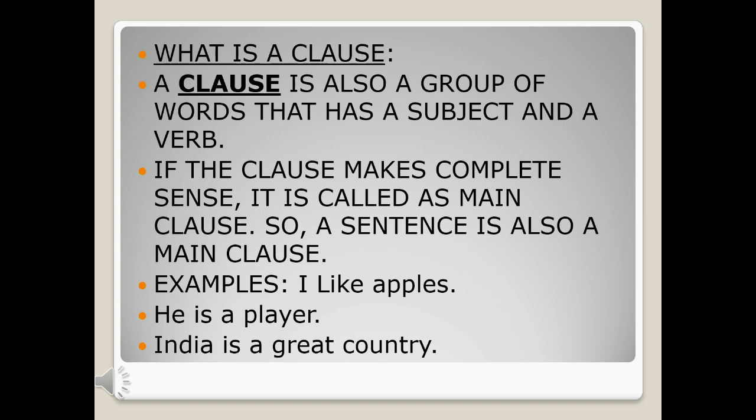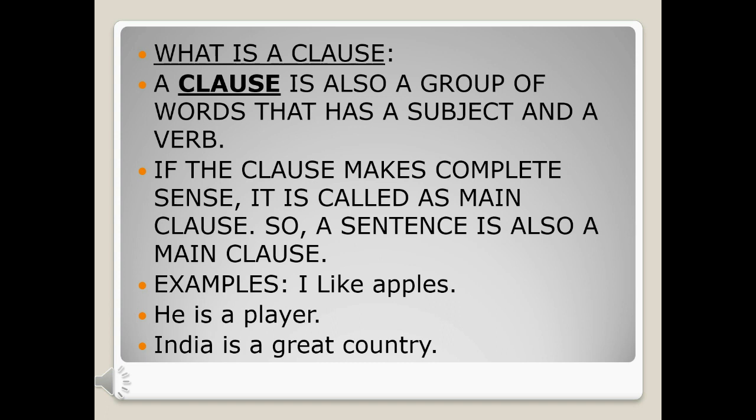What is a clause? A clause is also a group of words that has a subject and a verb. If the clause makes complete sense, it is called a main clause.